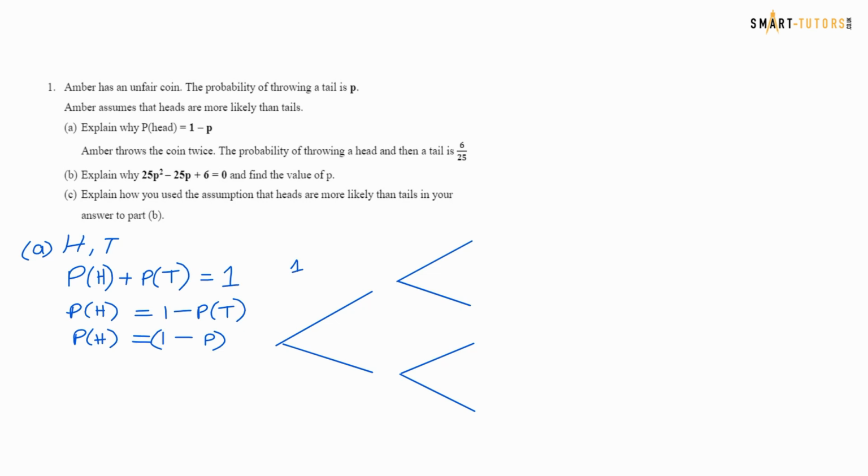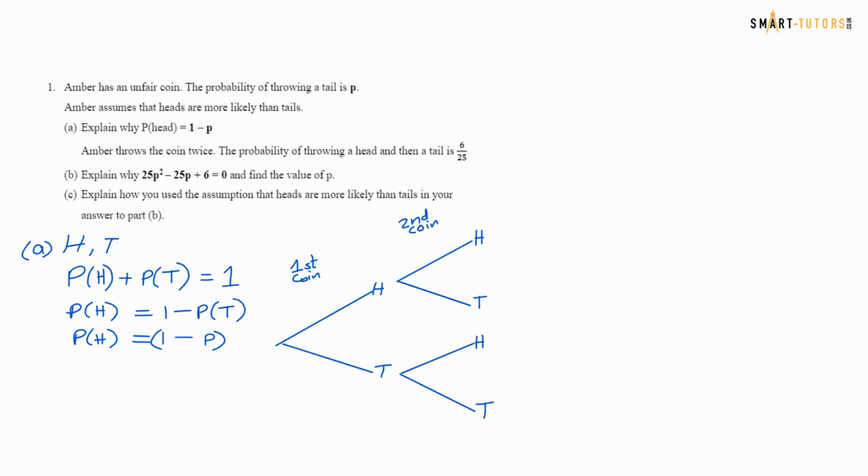So this is the first coin. This is going to be the second coin, right? From the first coin, it's going to be head and tail, and this is going to be head and tail, and this is going to be head and tail, right?